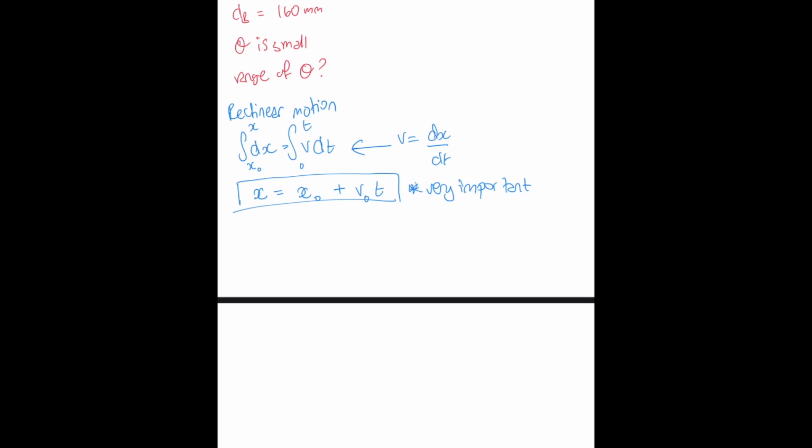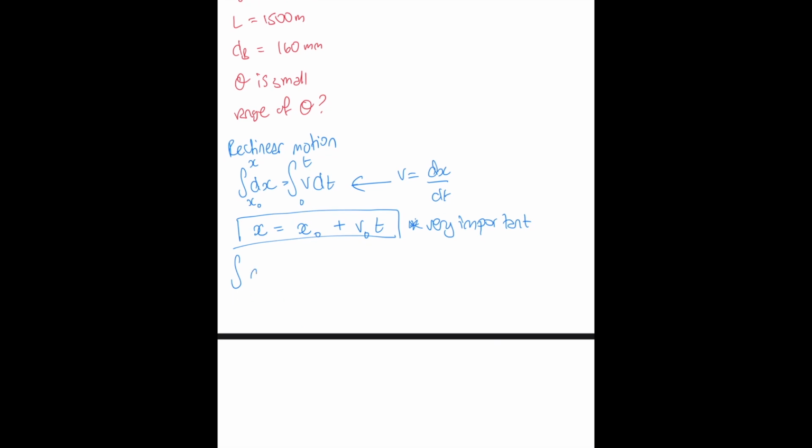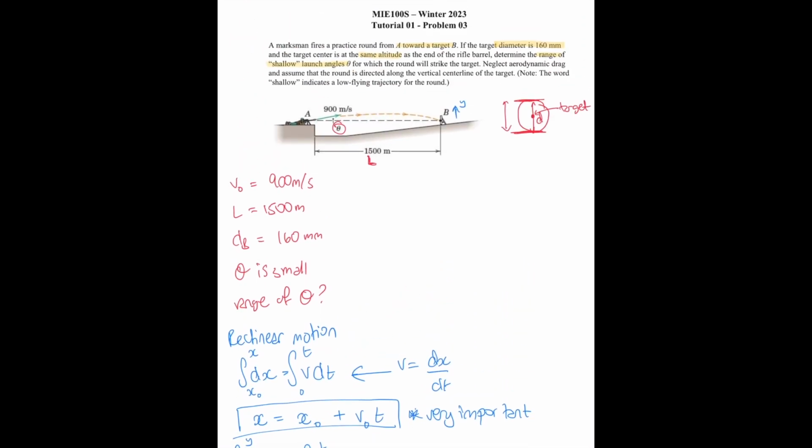Now, another important equation is going to be the same thing, but instead of using dx, we're going to be using dy because he's shooting along the y-axis, right? So you've got dy from y naught to y is equal to v dt, but now we've also got acceleration because this is not at a constant velocity anymore. When he's shooting something vertically, we've got gravity to also consider.